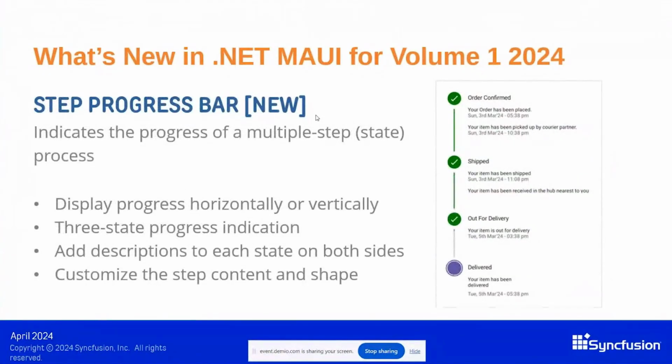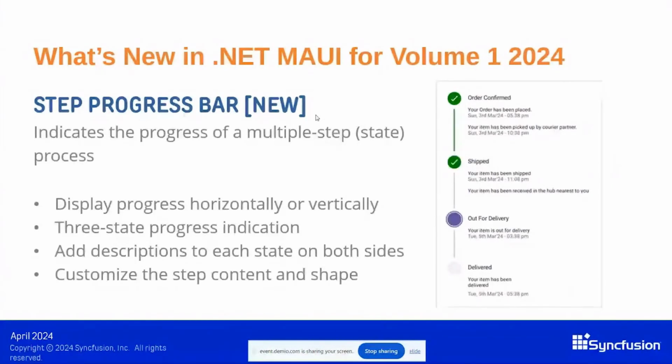Step progress bar control is used to indicate the progress of a multi-step process. The following are the key features. You can display progress horizontally or vertically. We have provided three-state progress indication. You can add descriptions to each state on both sides.